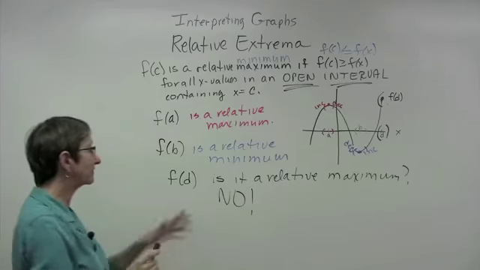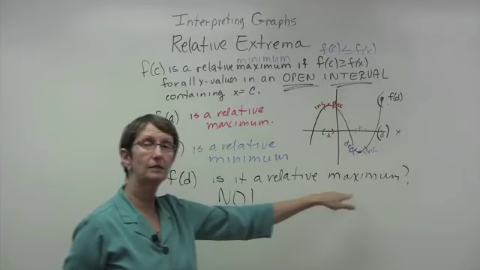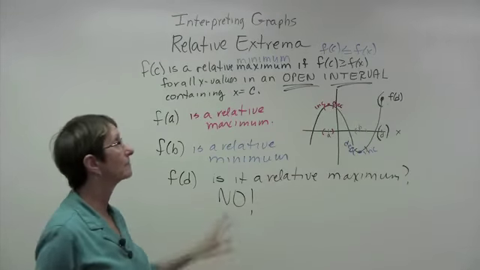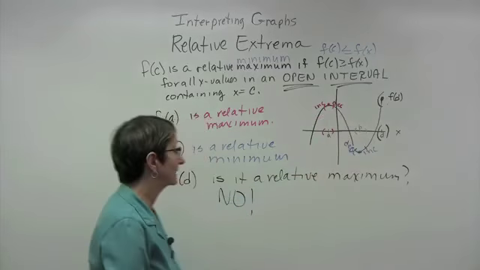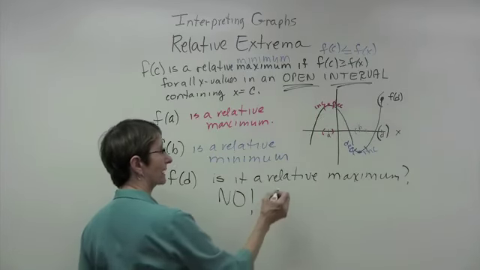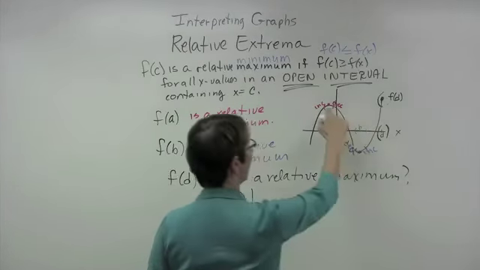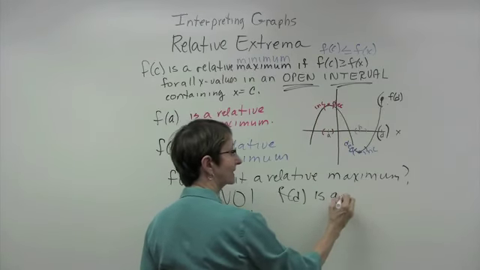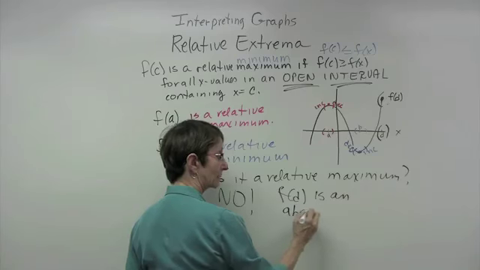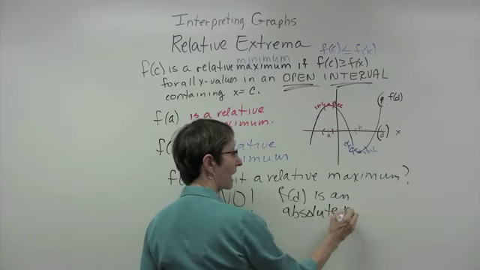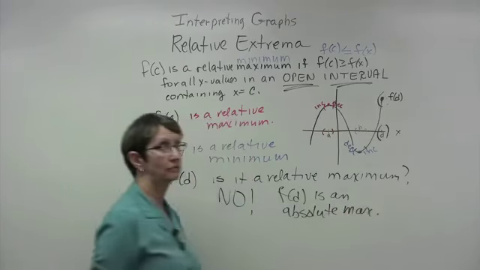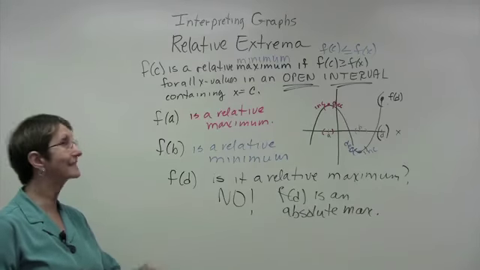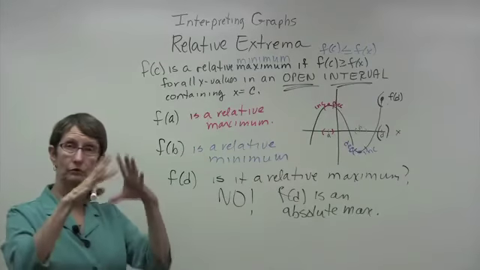So that f of D is not a relative maximum because that's where it ends. Now, it is an absolute maximum. Yeah, it's higher than that point. So we can say f of D is an absolute max, but it is not a relative max because the graph ends there. There is not an open interval around it.